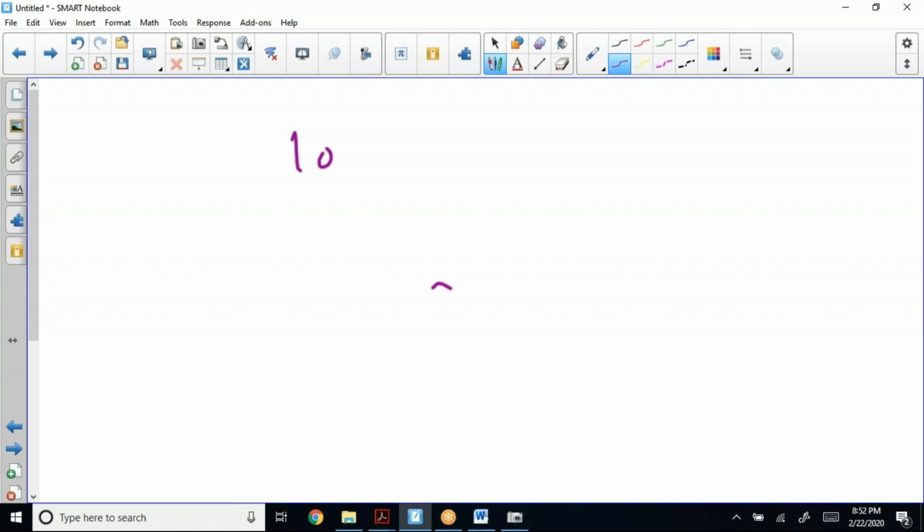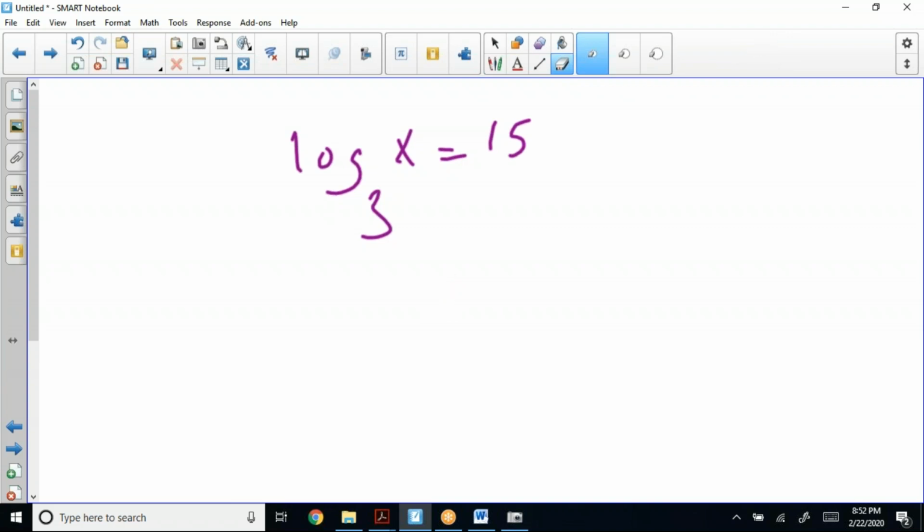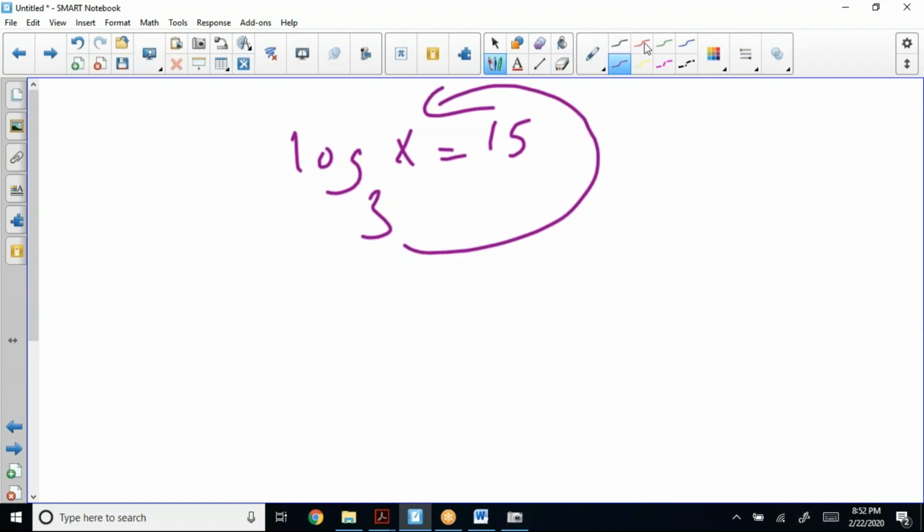Like log base 3 of x is equal to some crazy number like 15, where you would turn around and do a backwards C, right? And it'd be 3 to the 15 equals x, right? So anytime you have that, you need to be aware of it or be able to do it. Remember, there's two ways that we were doing that.